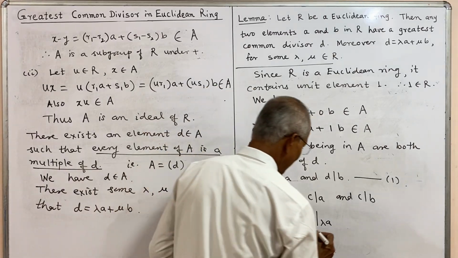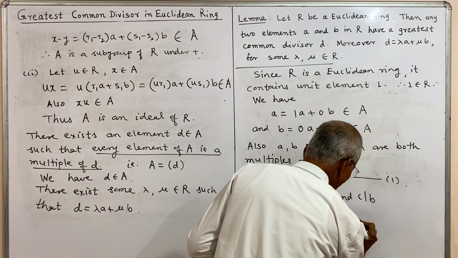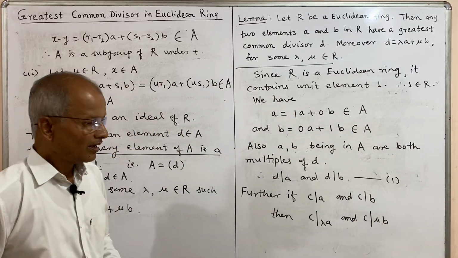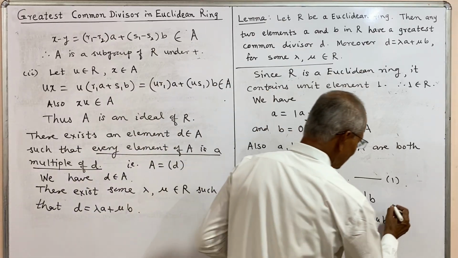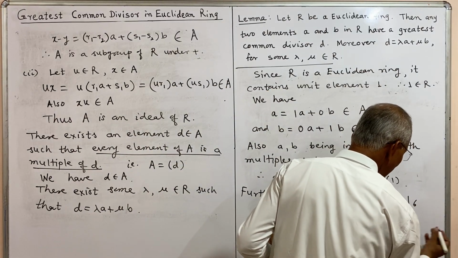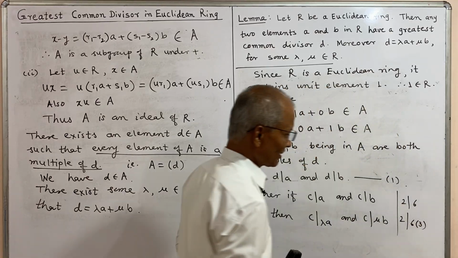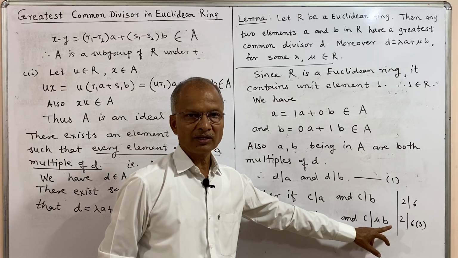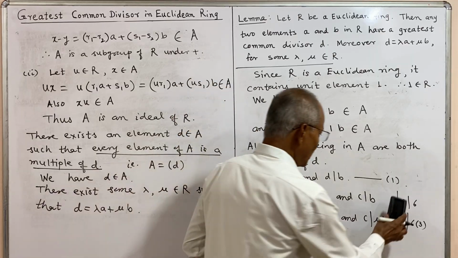C divides lambda A and C divides mu into B, a multiple of B. That is easy to verify. Say 2 divides 6, then 2 divides 6 into any integer, say 3. And C divides B means C divides any multiple of B.